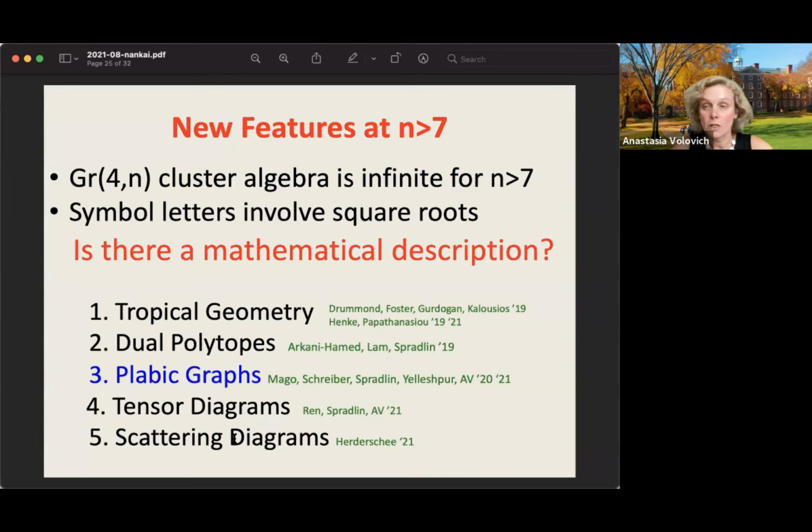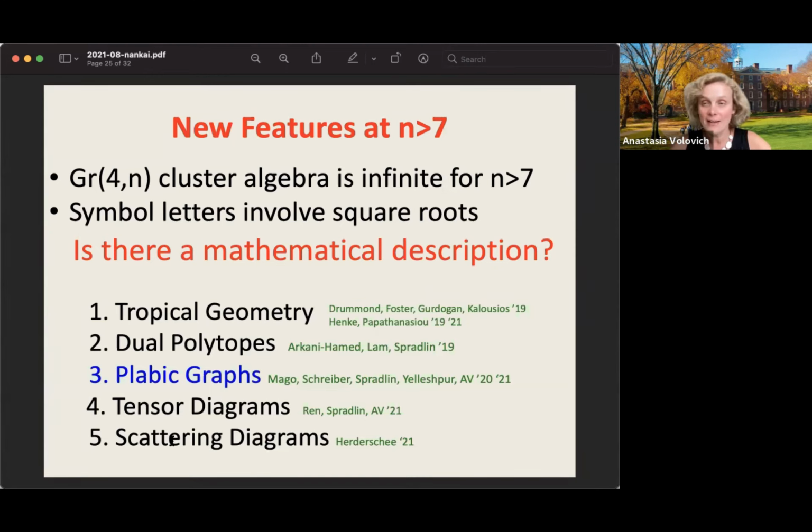We also had some work describing this from something also known to mathematicians called tensor diagrams. Mark is going to tell you right after my talk about the second and fourth of these. And then there was an interesting proposal by a student of Henriette Elvang using sketching diagrams. These are just attempts, interesting approaches, and some are better than others.